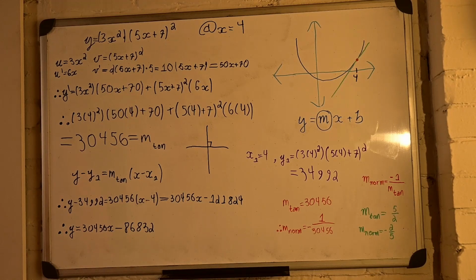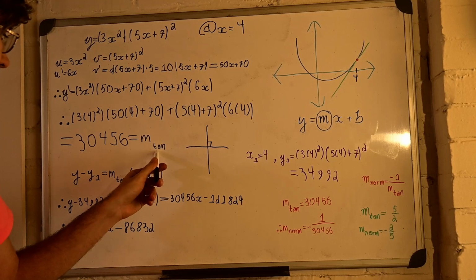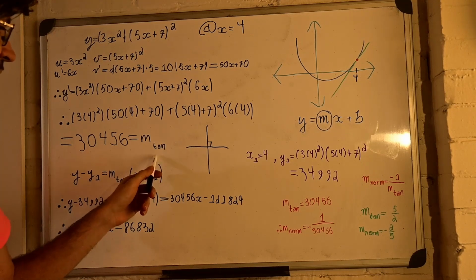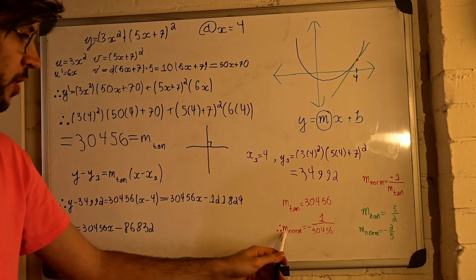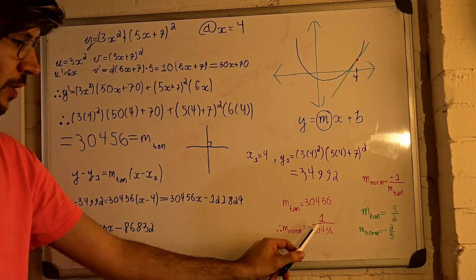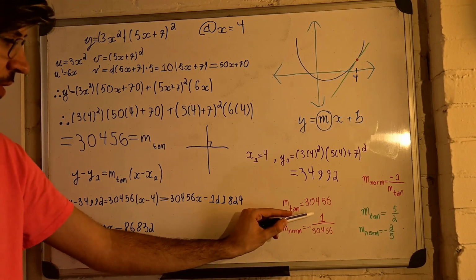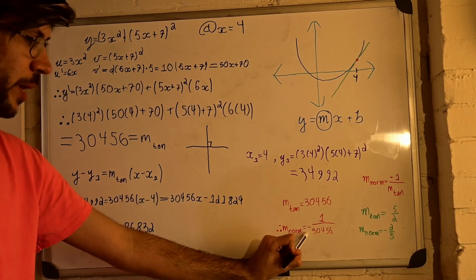So what is a negative reciprocal? Well, look right here. Right now, the slope of our tangent line is 30456. So to find the slope of the normal line, you're going to put 30456 at the bottom of a fraction, so you're going to take 1, divide it by 30456, and make it negative.